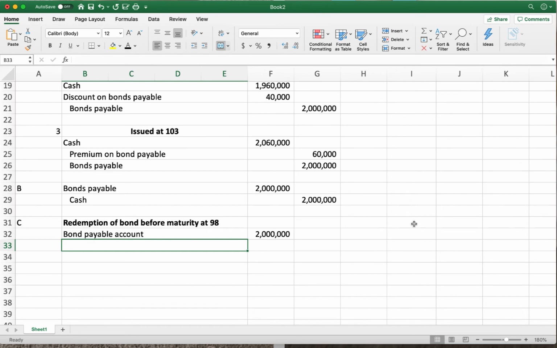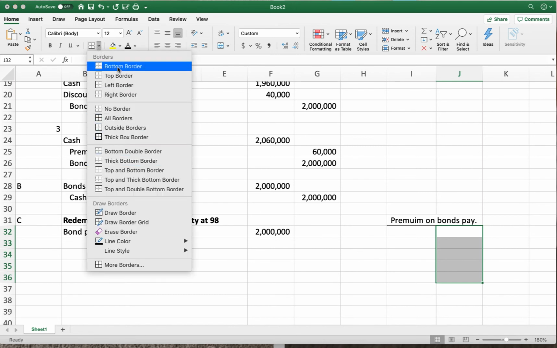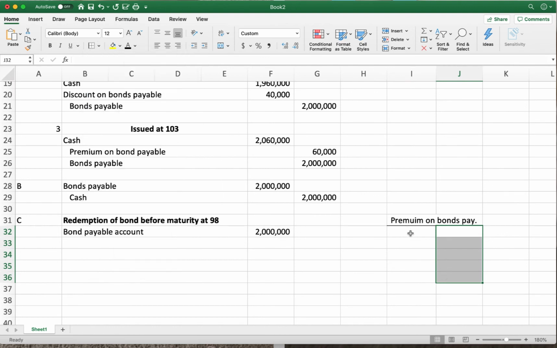Now, if we look at the T account for bonds payable, we need to recognize that a debit actually decreases the premium on bonds payable account.